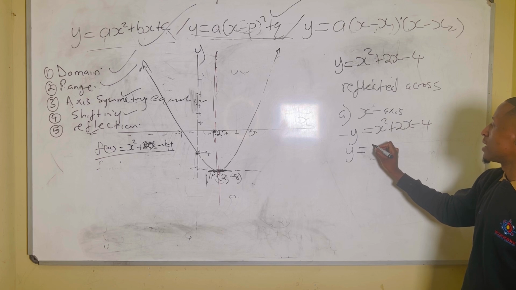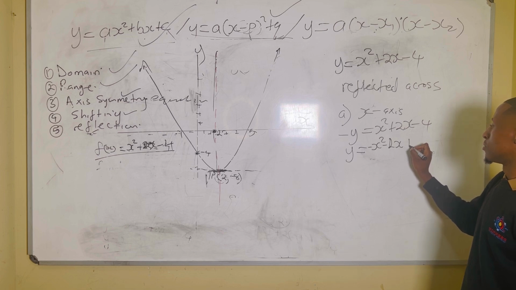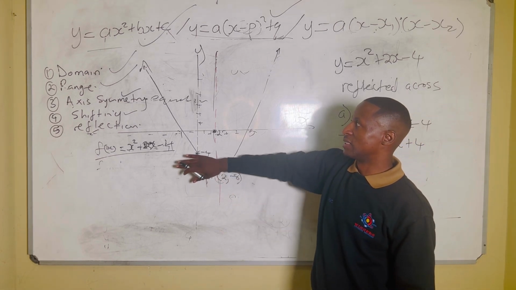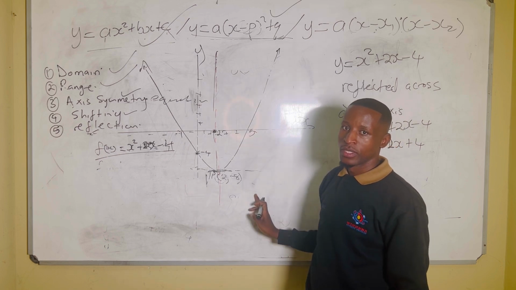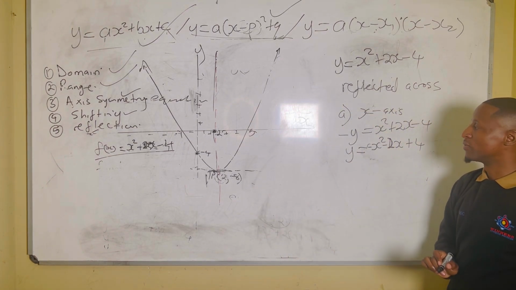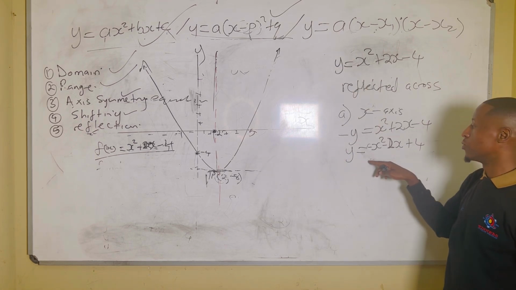So you're gonna end up getting y equals negative x squared minus 2x plus 4. So it means your graph is now flipped, it's now facing down. It does make sense because your value of a is now negative. So that's how reflection affects the equation.